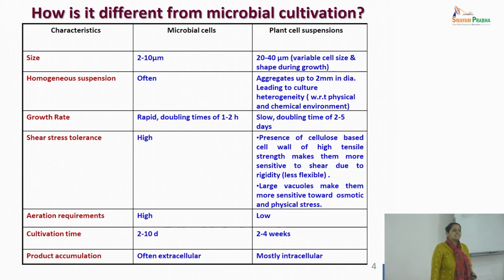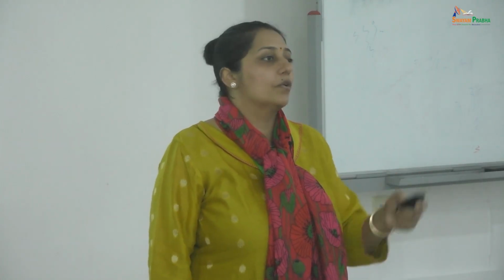But with plant cells, anywhere between 12 to 15 days would be your batch cultivation period. And further, if you want high cell densities, you would try fed batch cultivation. It further increases to 20-25 days. And if you want to do continuous cultivation, which is actually a very practical challenge with plant cell suspensions, also looking at the sterility and long drawn fermentations, this may go even to months.